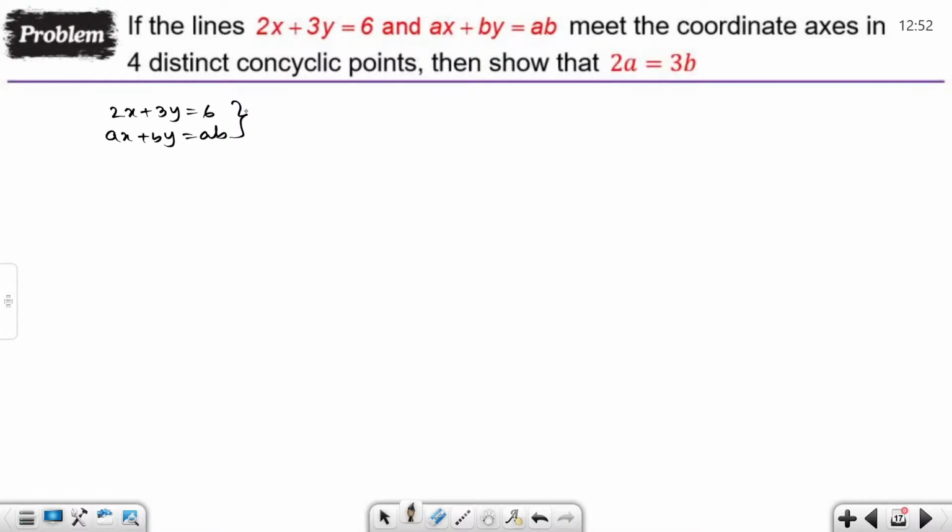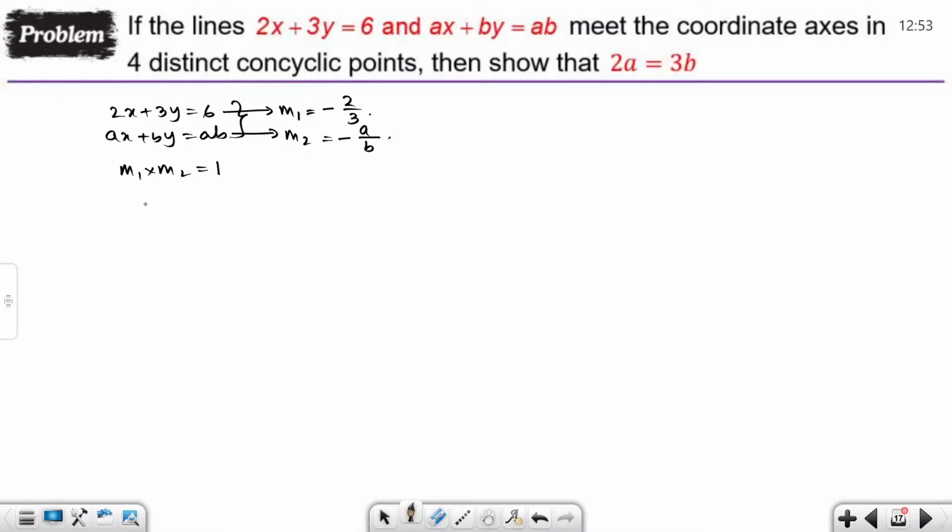We know that when two lines intersect the coordinate axis at 4 concyclic points, then m1 into m2 is 1. m1 is the slope of the first line, m2 is the slope of the second line. So what is the slope of this line? Your m1 is minus 2 over 3. And what is the slope of the second line, m2? That is minus a over b. Am I right?